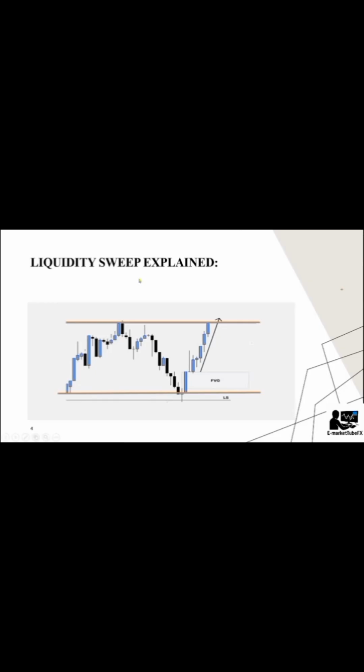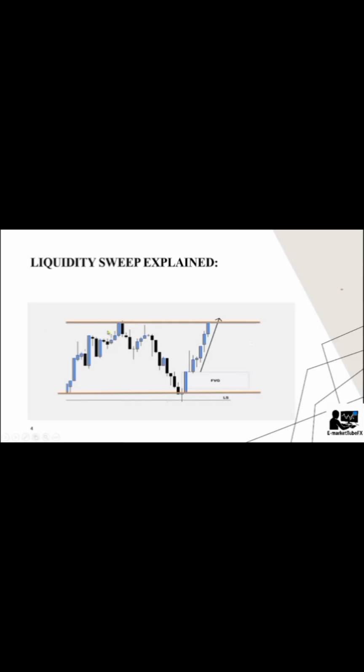So in this instance, what we see on your screen, we have a bullish run or a bullish move which brought price up here. After price reached the top here, we saw a reversal. So this is a current swing high, an important zone on the market, which is of great interest to these market makers.